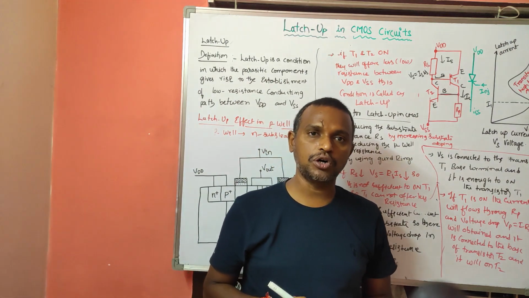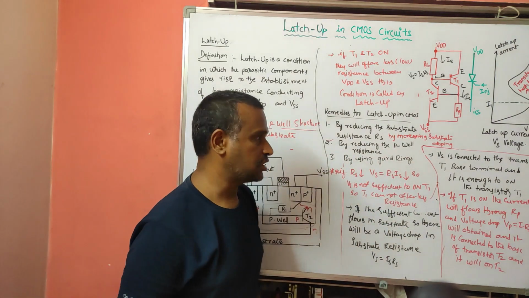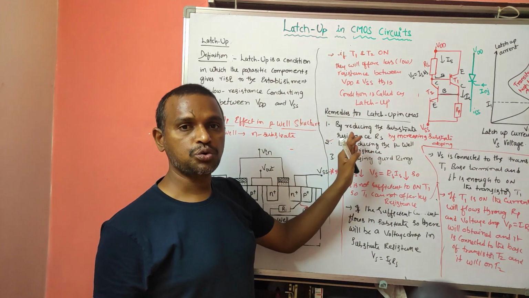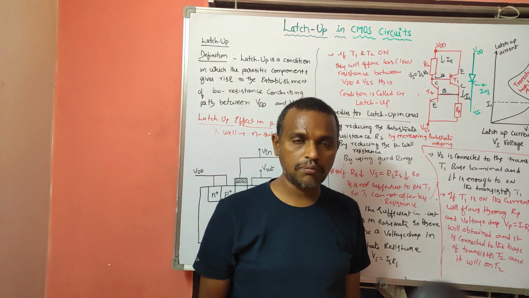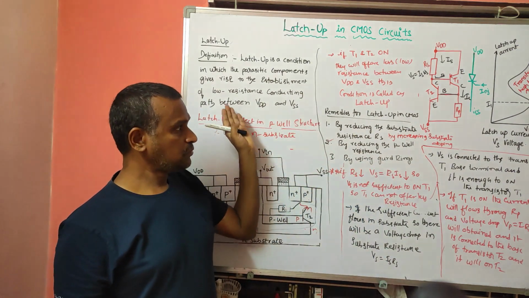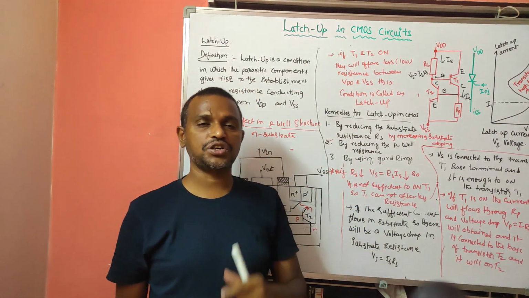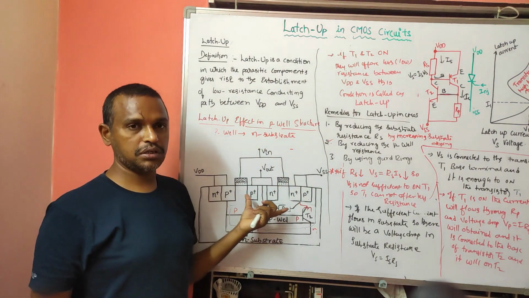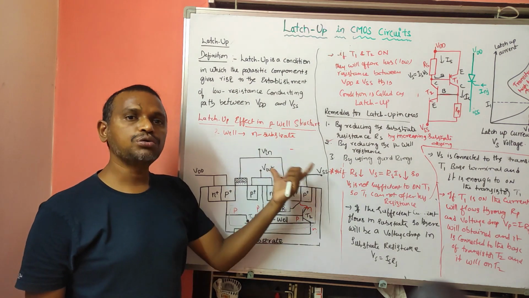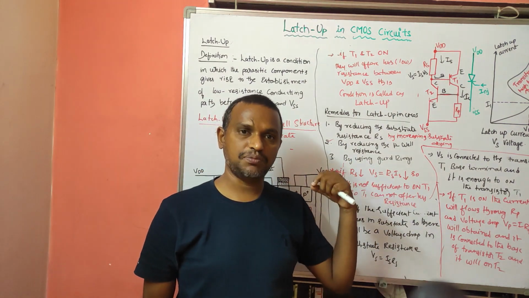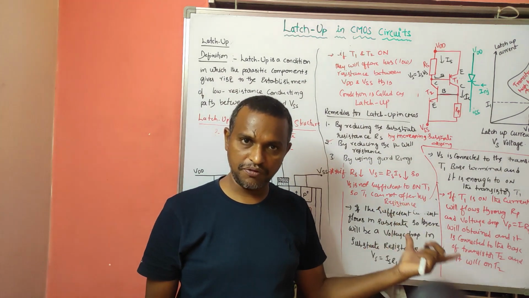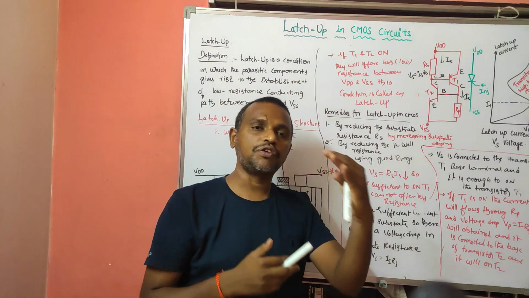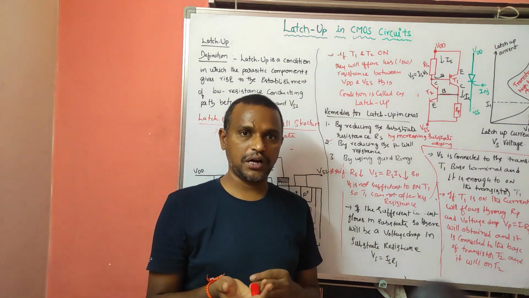So this is about the latch-up condition obtained in CMOS circuits, and the remedies to avoid it. Here we have seen the definition of latch-up, and after that I considered a P-well structure. In that P-well structure, we saw how the parasitic elements are formed, and how they cause the latch-up condition.